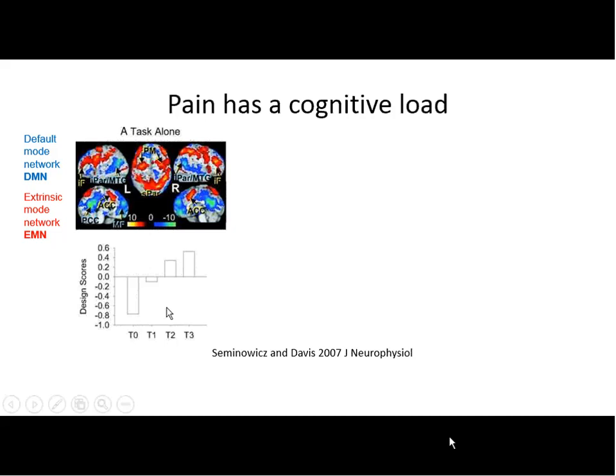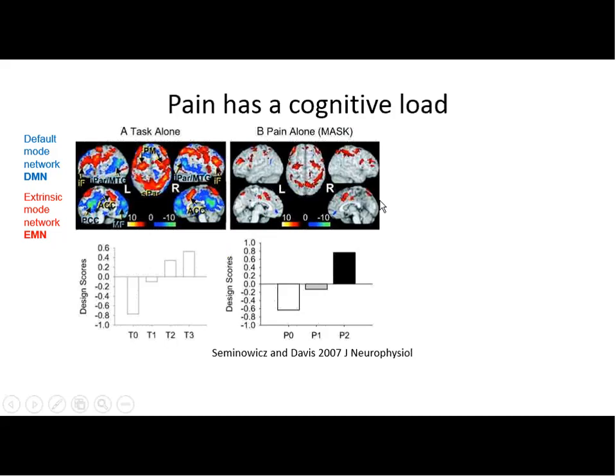What we're showing in this experiment is a cognitive task with 4 different levels of difficulty, labeled T0 to T3 for the most difficult, and you can see the scores corresponding to this pattern of activity. The more difficult the task, the more activation you get across the extrinsic mode network, and the more deactivation you get across the default mode network. This has been shown across many different tasks in healthy subjects, in many different ways.